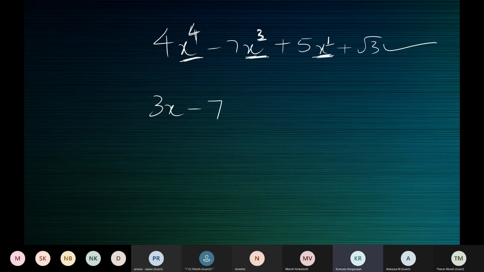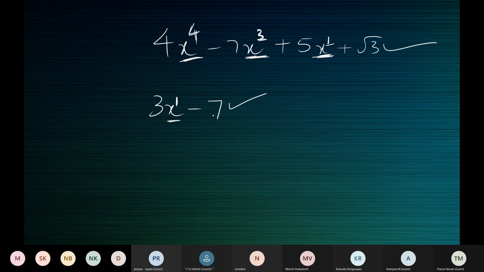A polynomial does not have an equal to sign. Okay, so 3x minus 7 is an algebraic expression. It is also a polynomial because the variable x is raised to the power 1. It's a whole number, no? 1 is a whole number.